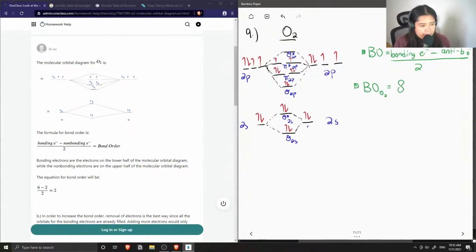So we have 8 bonding electrons minus the anti-bonding electrons: 1, 2, 3, 4. So we have 4 anti-bonding electrons. So 8 minus 4 divided by 2 gives us a bond order of 2.